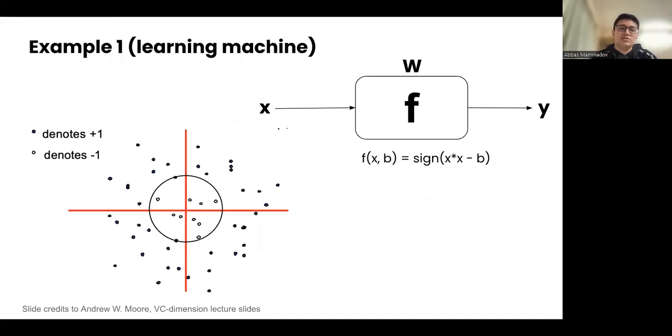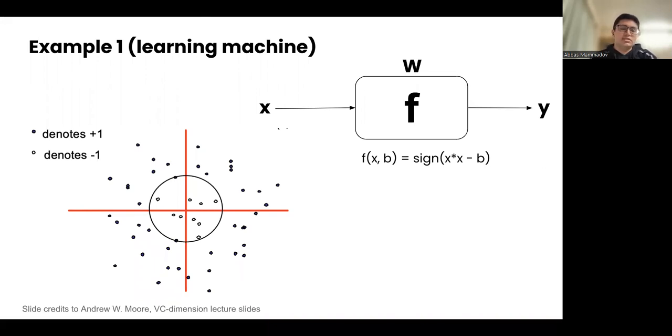Let's give some examples to understand this learning machine. Let's take this example, f of x, b is equal to the sign of x times x minus b. Here, x times x is just basically the dot product of the x vector with itself, and x is just a two-dimensional vector. So as you can see, if the vector components are x1 and x2, then x1 squared plus x2 squared minus b is the constraint function, and we are wondering about the sign of this function.